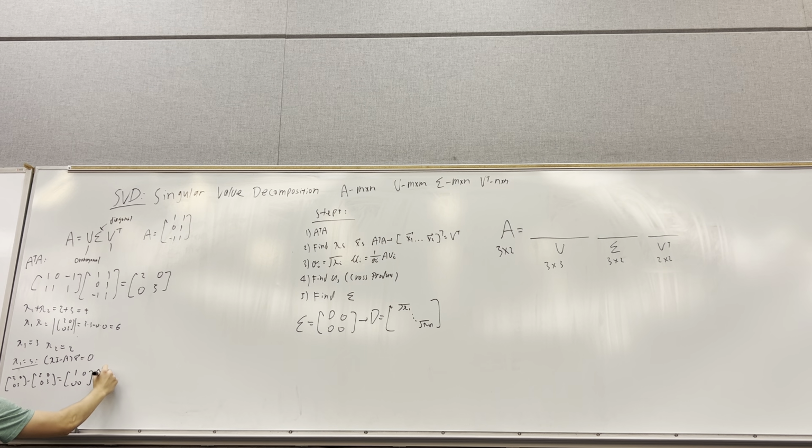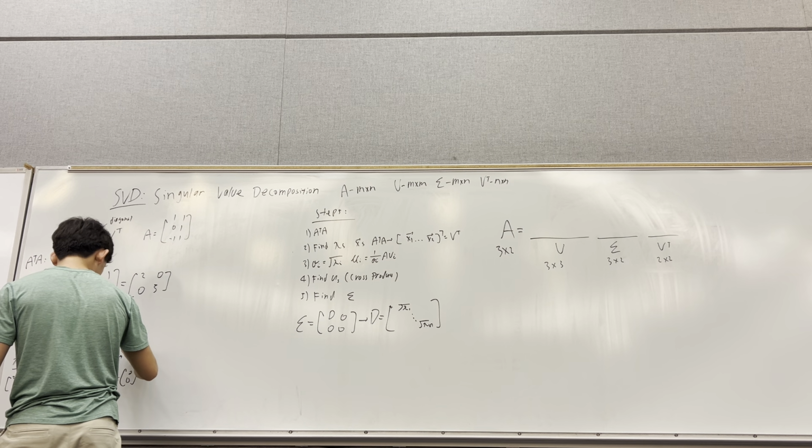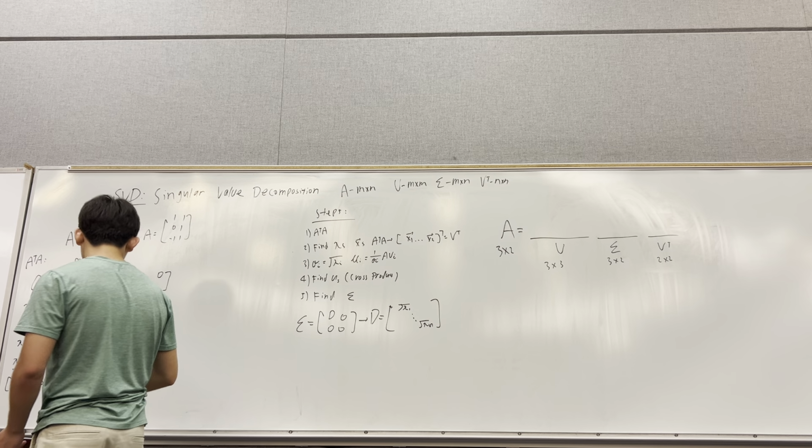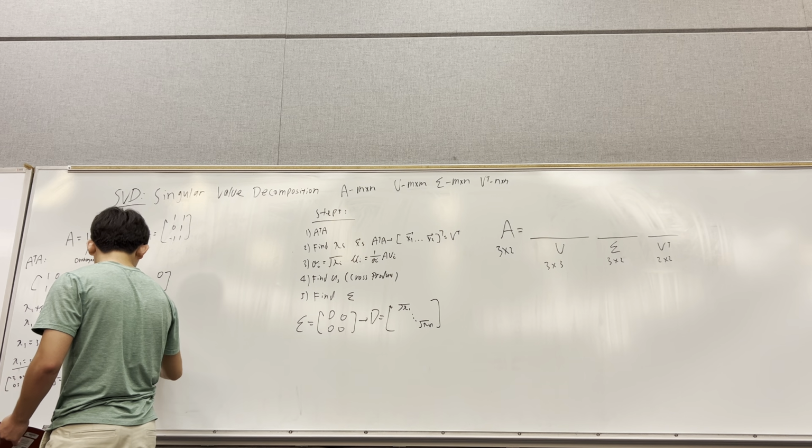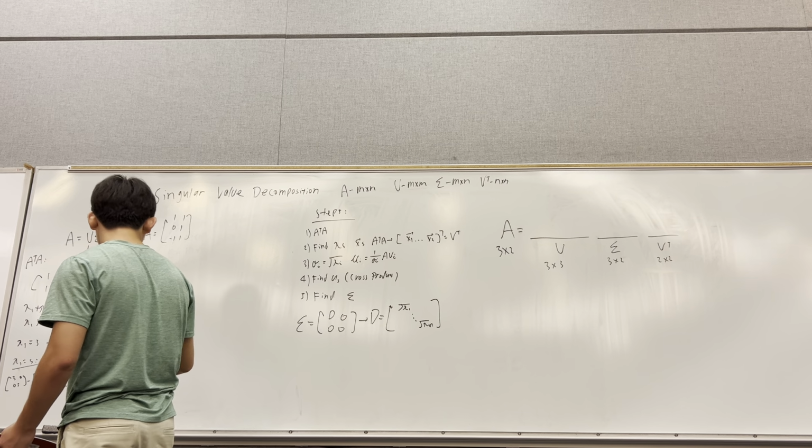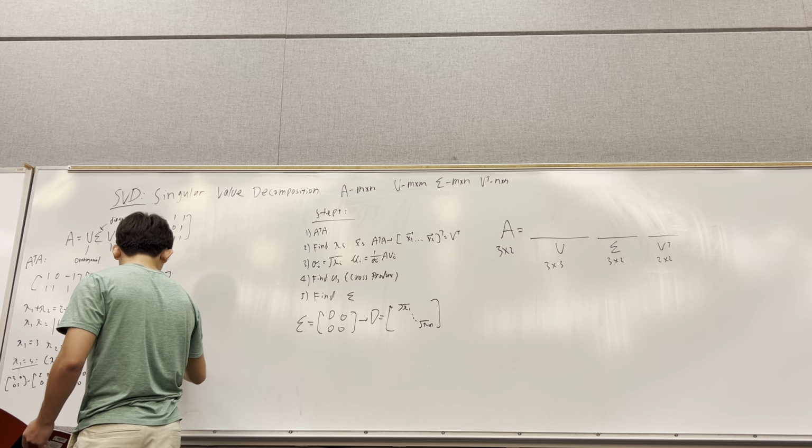We multiply that by [x1; x2] equal to [0; 0]. From the first row, we have 1 times x1 plus 0 times x2 is equal to 0. So therefore, x1 has to equal 0. And we can simply choose x2 equal to 1 for the simplest eigenvector, and this will give us (0, 1).